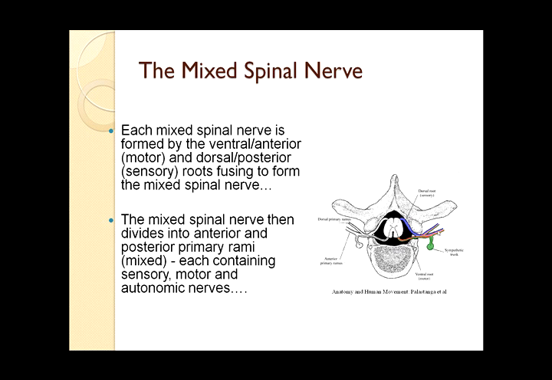So here we have the posterior primary ramus, going posteriorly, that will go around and supply the muscles and the skin and the vessels, essentially the back. Here we have the anterior primary ramus that passes on peripherally to mix with other nerve roots to supply the skin, the muscles, and the vessels of the upper limb, lower limb and trunk.